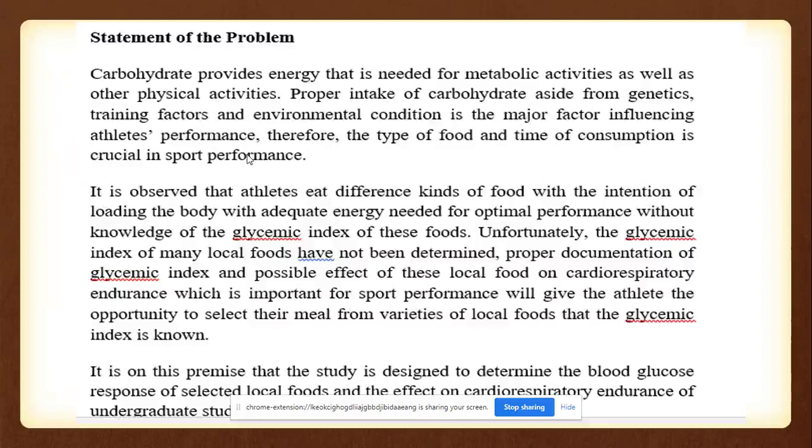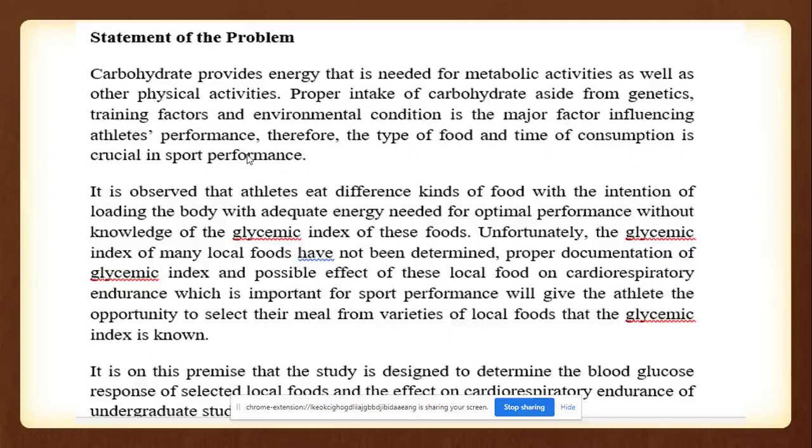Proper documentation of the glycemic index and possible effect of these local foods on cardiorespiratory endurance is important for sports performance. We give the athletes the opportunity to select their meal from varieties of local foods whose glycemic index is known. Then look at the closing statement.